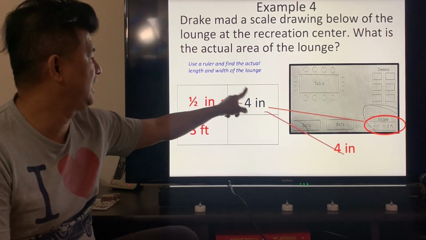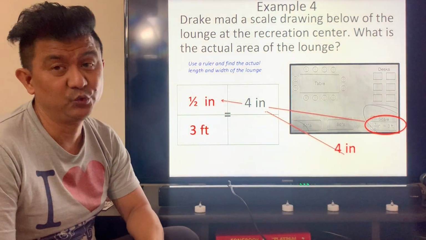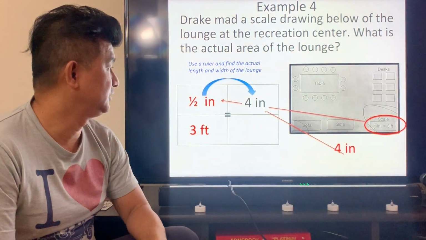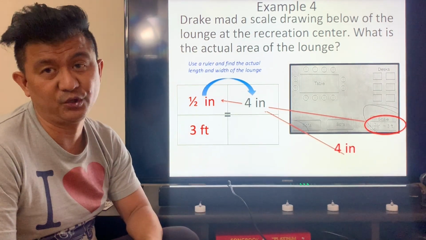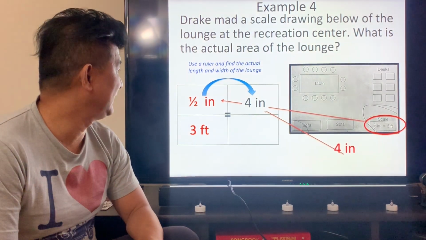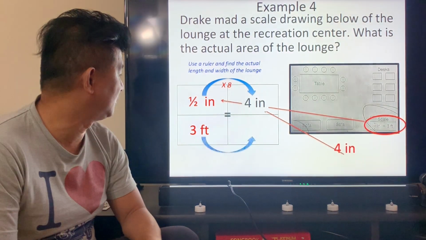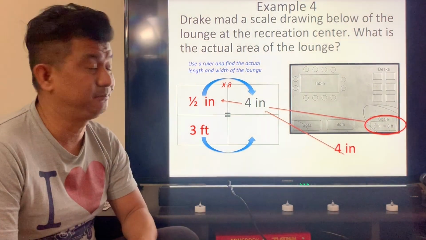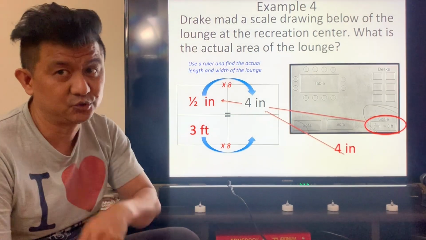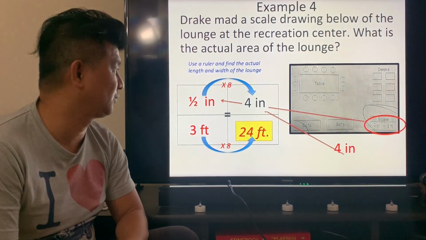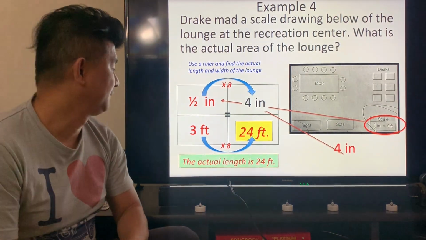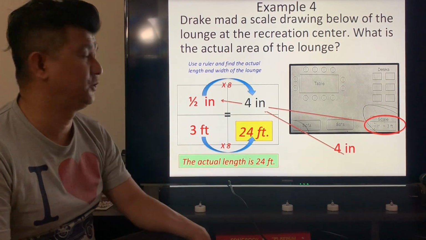The pattern is how many times of 1/2 will give you a 4. In short, how many halves will give you 4 wholes? And that's times 8. So if I multiply by 8 on top, I will also multiply by 8 below. So 3 times 8 is 24. Okay, 24 feet. Take note, the actual length is 24.